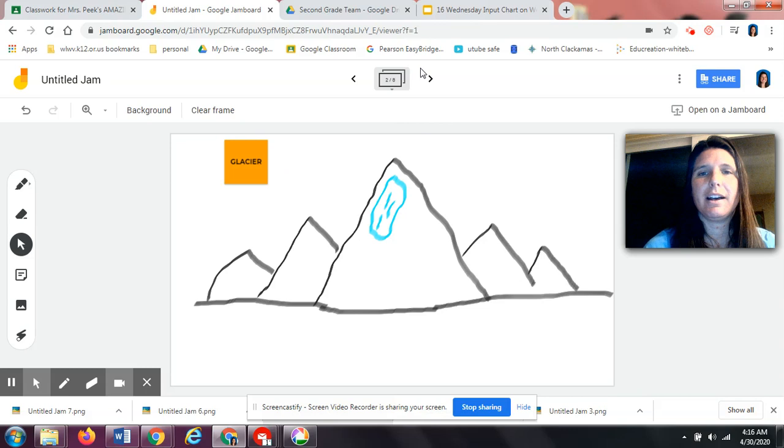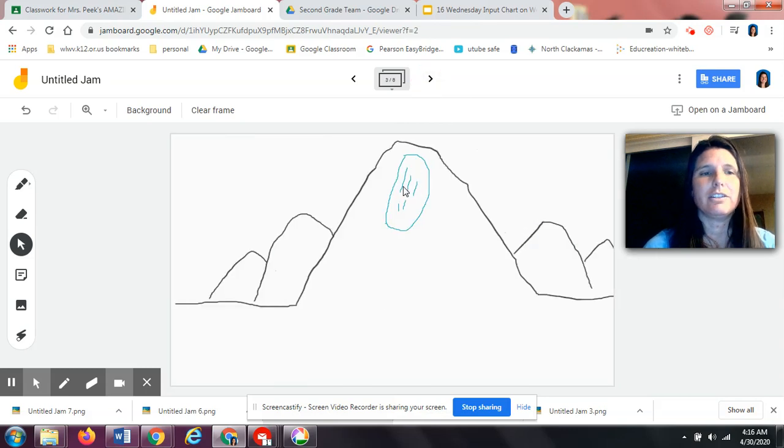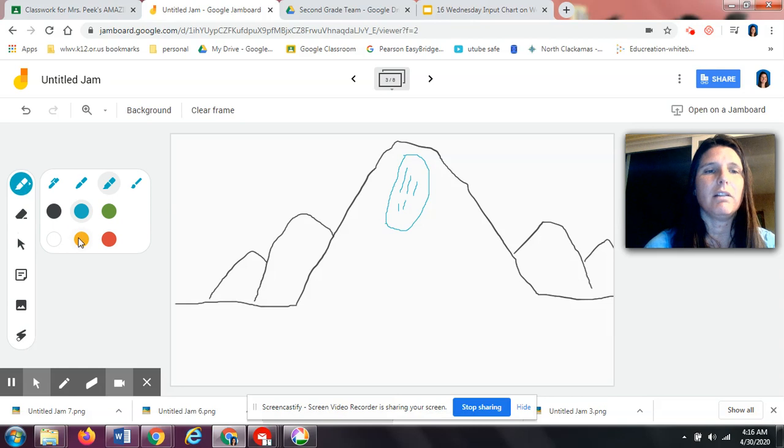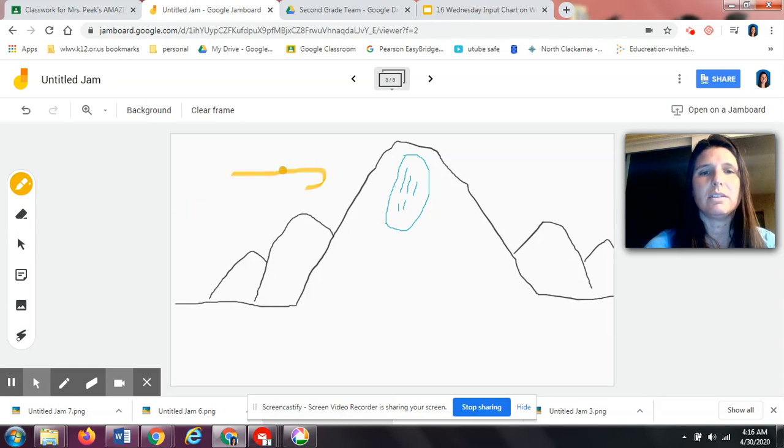All right, so the next type of weathering, you've got your glacier right here, is you've broken off, but everything's fine. It's totally cool. You're still hanging out with your parent rock. Uh-oh, here comes a giant windstorm. And that wind is super, super powerful. And it blows on you for minutes, for hours, for days, for years, for decades.